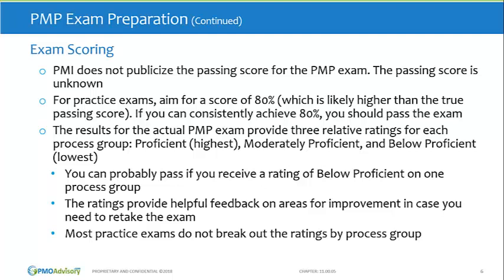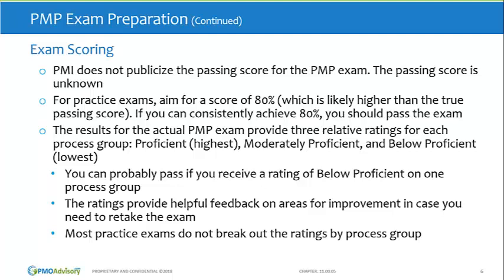The results for the PMP exam do not give you your score. It's basically pass-fail, but you will get 3 relative ratings for each of the 5 process groups. The highest rating is proficient, next is moderately proficient, and the lowest rating is below proficient.